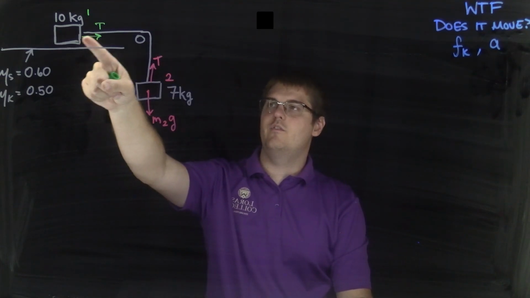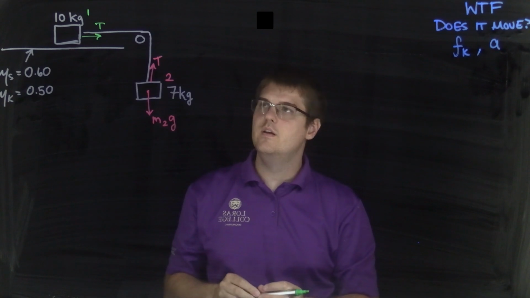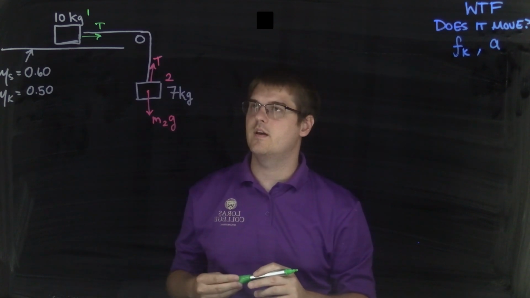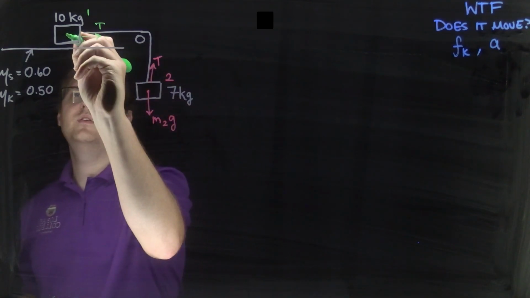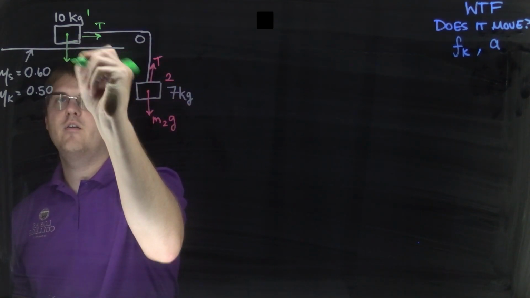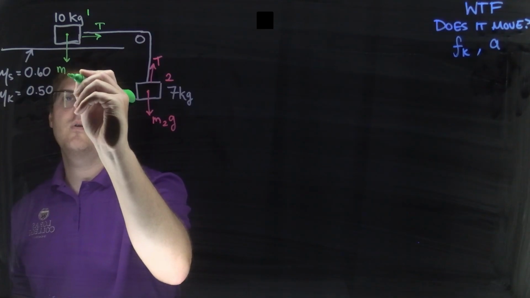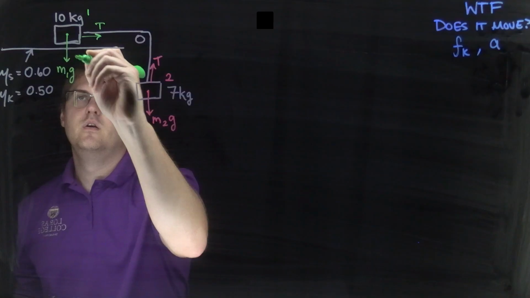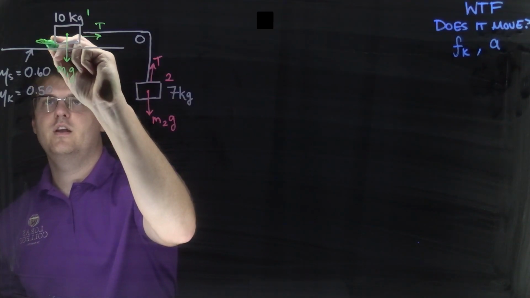If this guy starts moving, it's going to have to stay the same length. We'll talk about that in a second. Other pieces I have going on with this, I have my mass of block 1 times gravity, and I have my friction that I know has to happen.